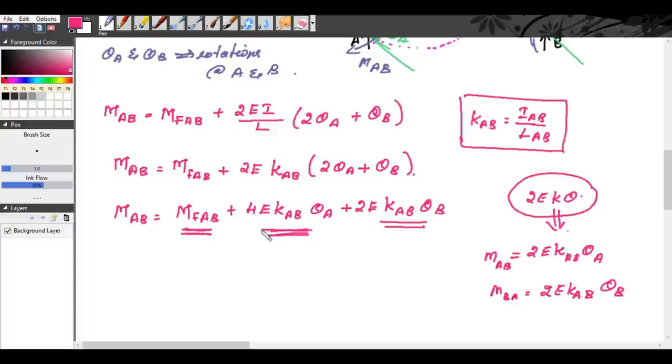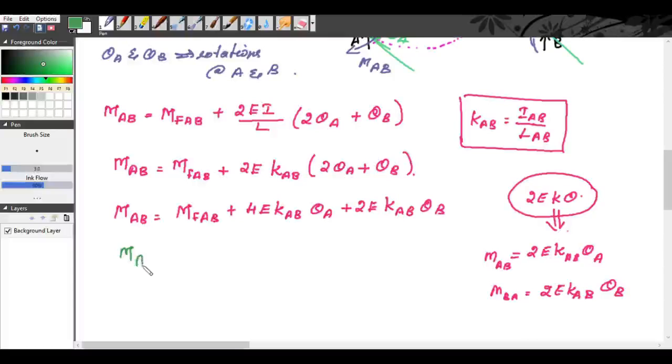This rotational component is replaced by 2mAB, because it is the contribution of rotational component for MAB due to the rotation at A, and this rotational component, contributing for MAB due to the rotation at B, is replaced by mBA.